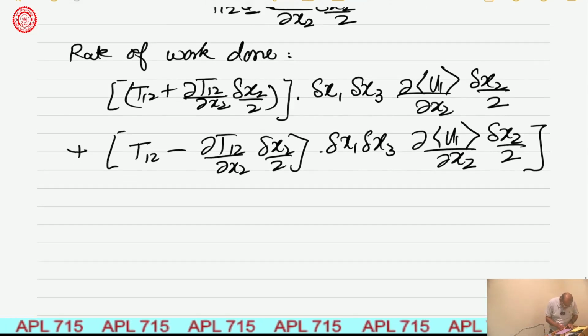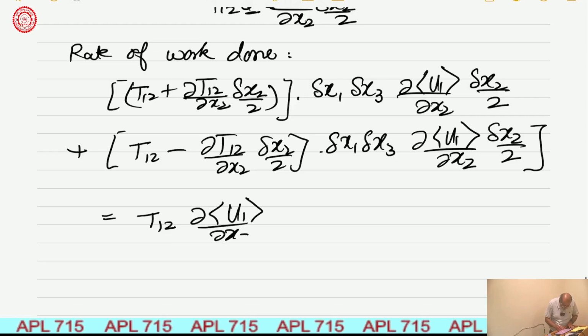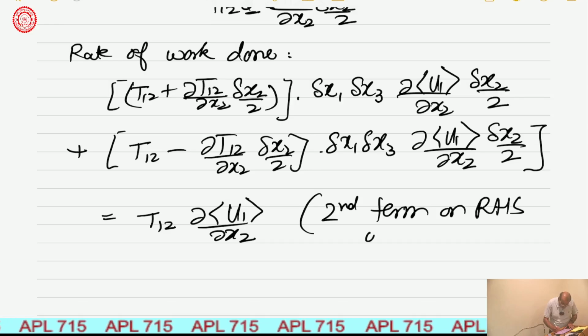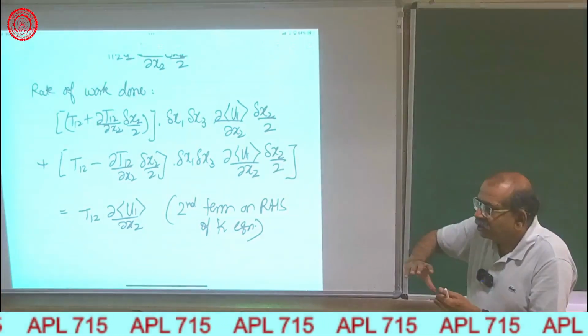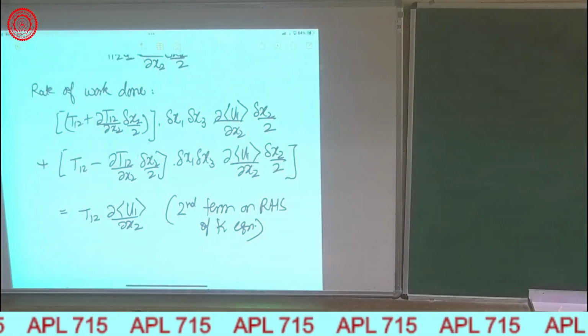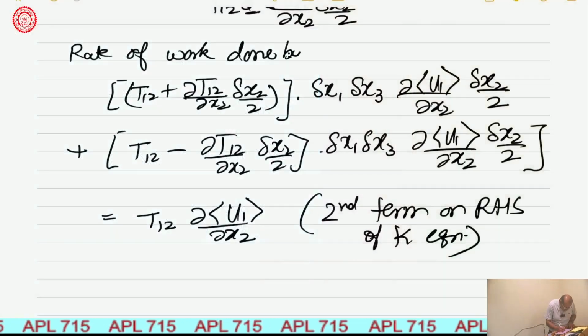So when you calculate this, it turns out to be equal to T12 du1 by dx2, and this is the second term on the RHS of the K equation. So this second term represents the rate of work done by deformation.